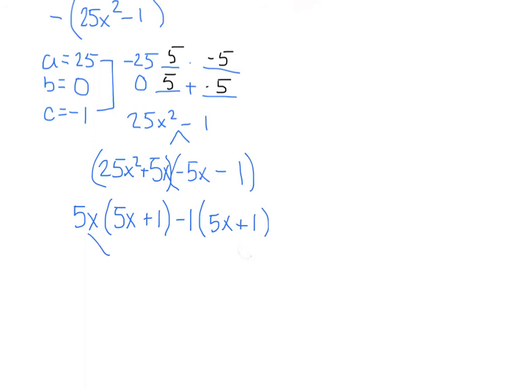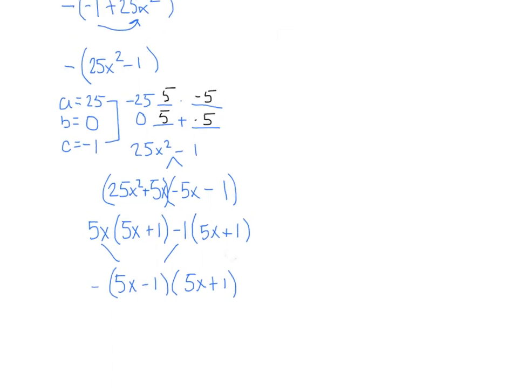You then bring down your outside numbers, and then your inside numbers. And that is done. That's just factored. Now there was a negative way up here. There was a negative that we factored out in the first place, so that does need to be tacked on. And that is the top of our fraction factored.